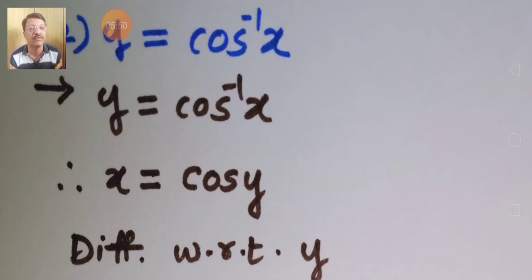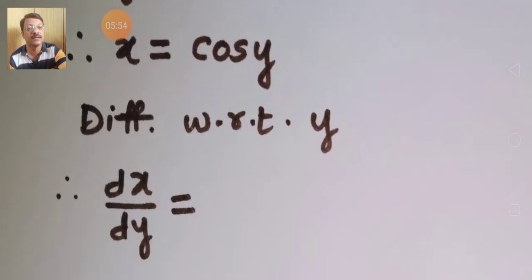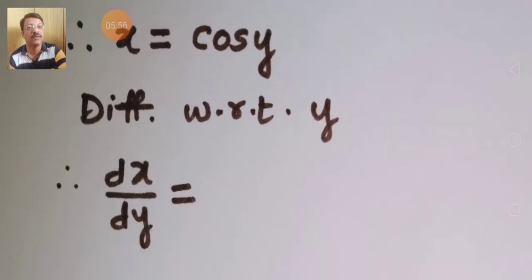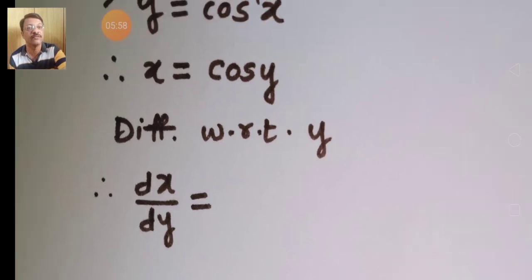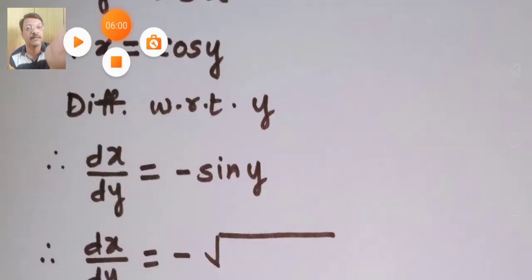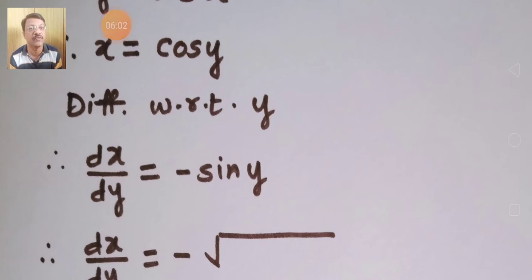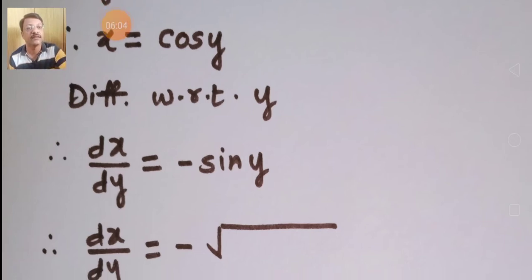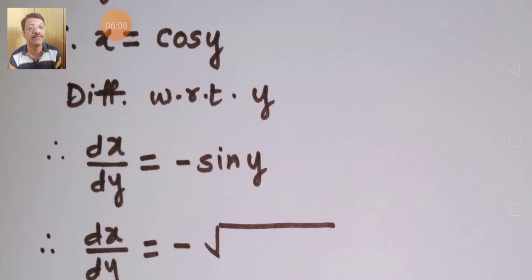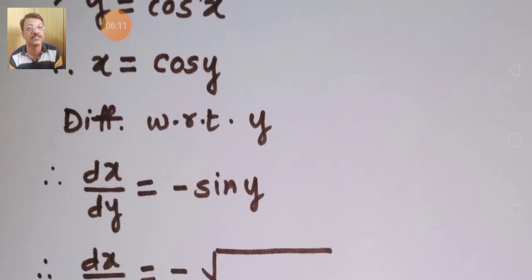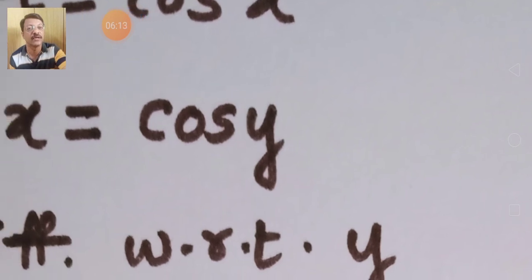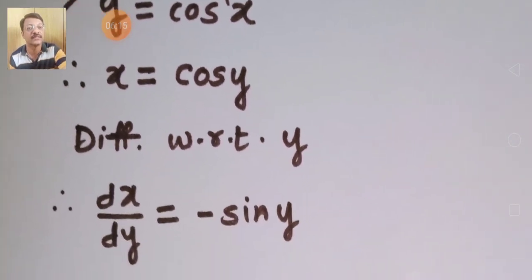Dx by dy is equal to d by dy of cos y, which will be minus sin y. Now how do you write minus sin y? Dx by dy has to be written in terms of x. So what is your x? X is cos y. So you can write this sin y as root of 1 minus cos square y.